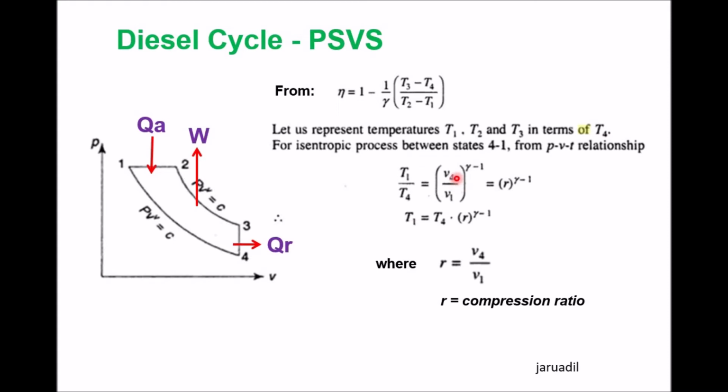Because V4 over V1 is the compression ratio r, we can write this simply as T1 over T4 is equal to r raised to gamma minus 1, or T1 is equal to T4 times r raised to gamma minus 1. So now we have written the term T1 in terms of T4. V4 over V1 in thermodynamics is the compression ratio.